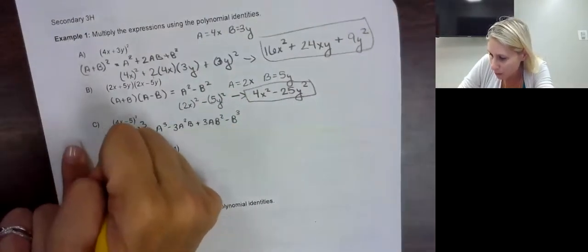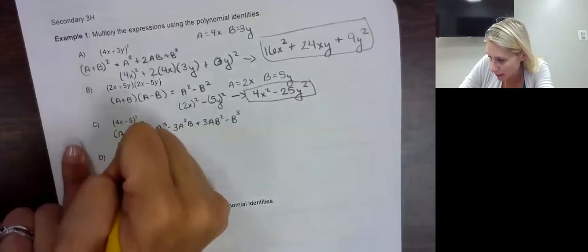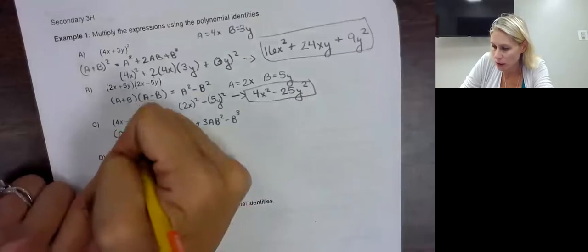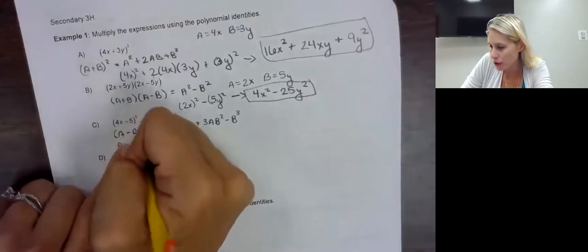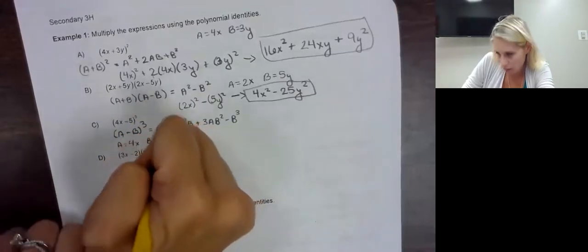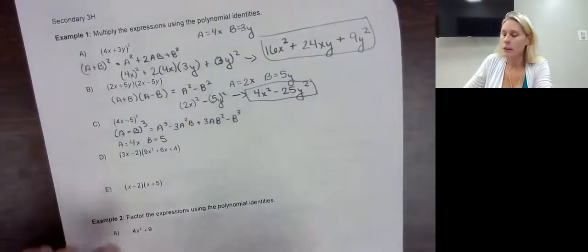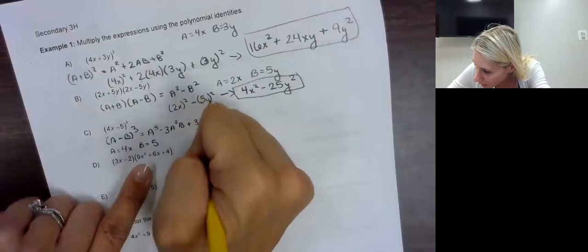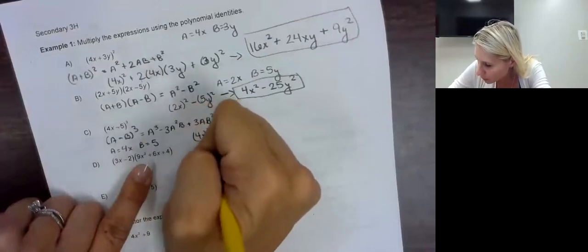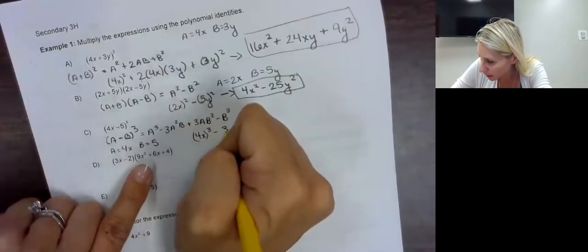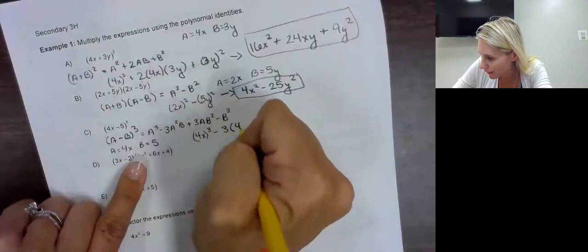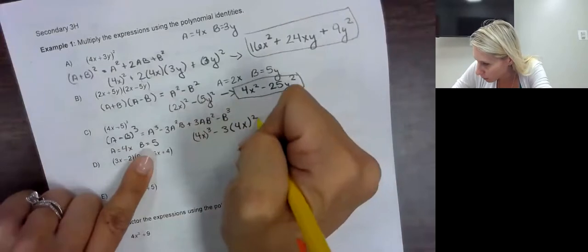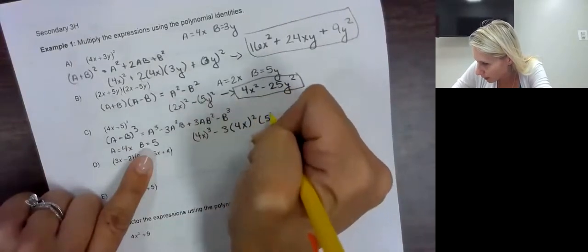Okay, now be careful. I'm going to put this right under here. So a equals 4x and b in this case. Now remember that subtraction's already there. So b is just 5. Now I'm going to substitute in. So I have 4x cubed minus 3 times 4x squared times b, which is 5.